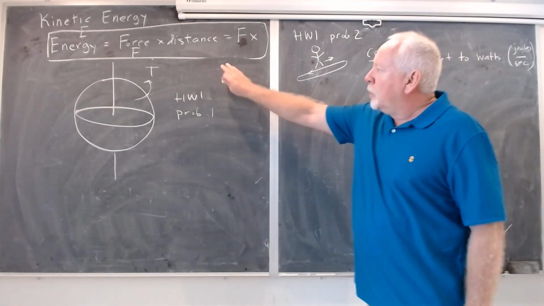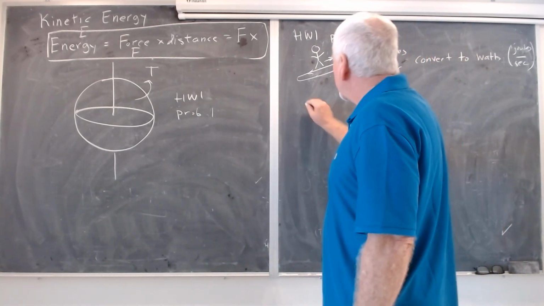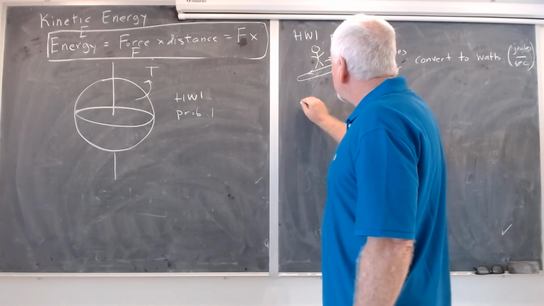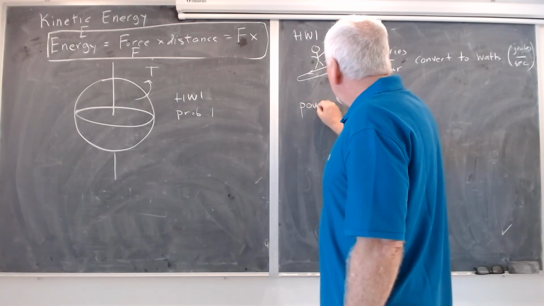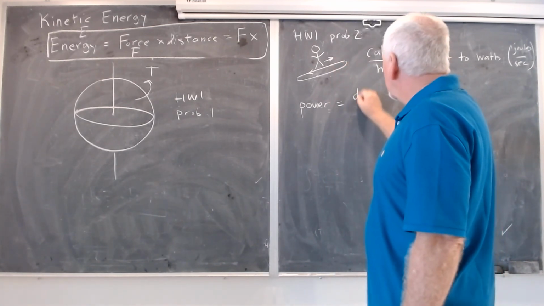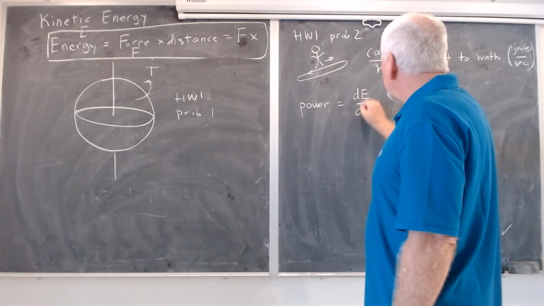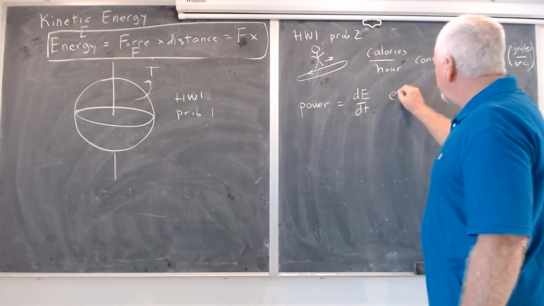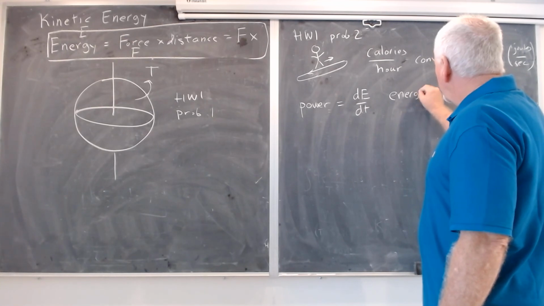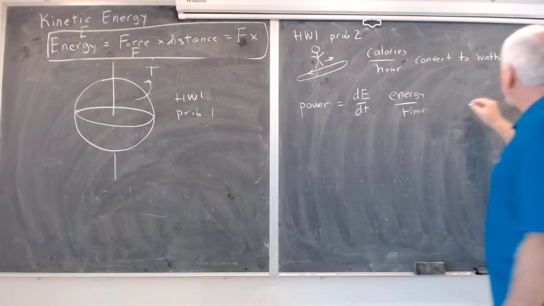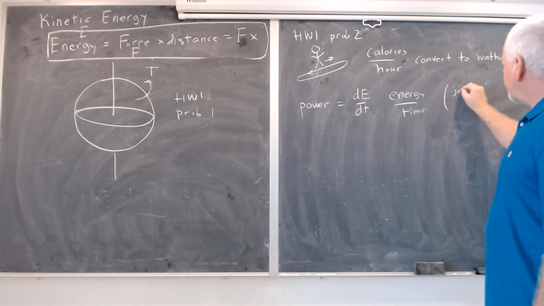Now, the corollary to this we need to go over a little bit: there's energy and there's also power. Power is basically the time derivative of energy, energy per unit time, for example, joules per second.